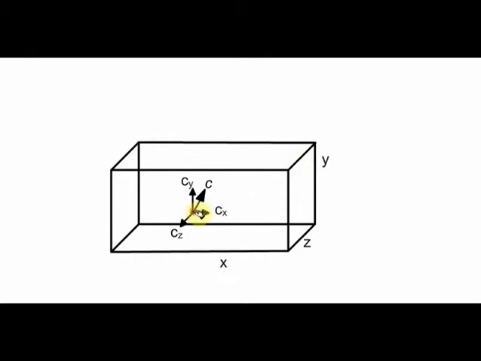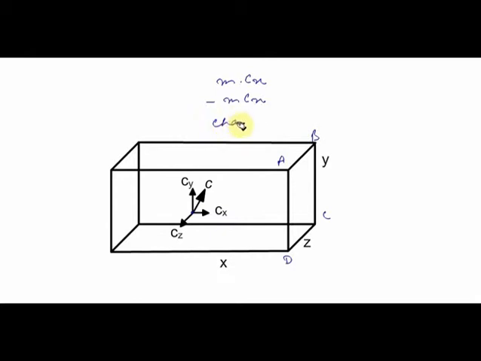Now suppose this molecule collides with the wall ABCD. Now the momentum of this molecule before collision will be m into Cx, and momentum after collision would be minus m into Cx, because the collision is elastic in nature, so the velocity of the molecule will reverse.